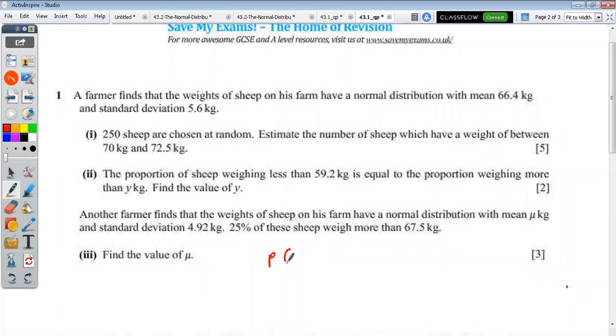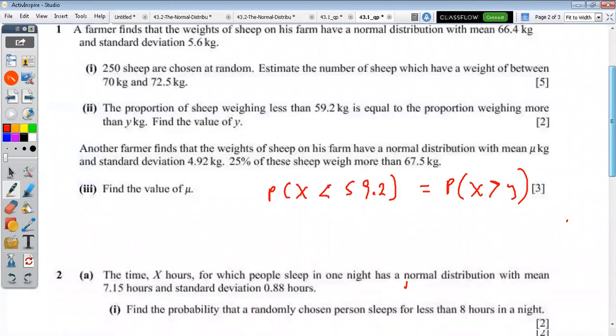So the probability of X being less than 59.2 is equal to the probability of X being greater than Y. So this is just a simple way to know your distributions.